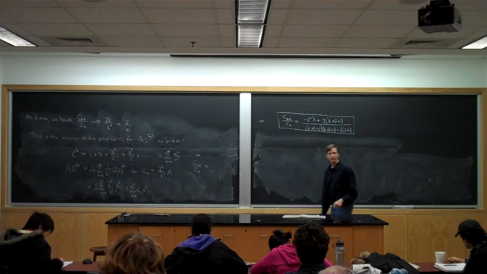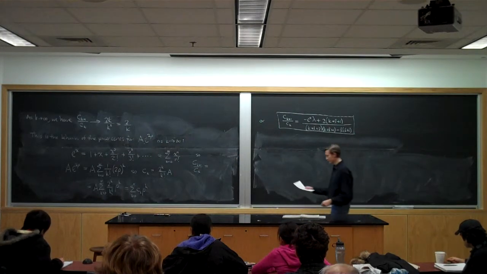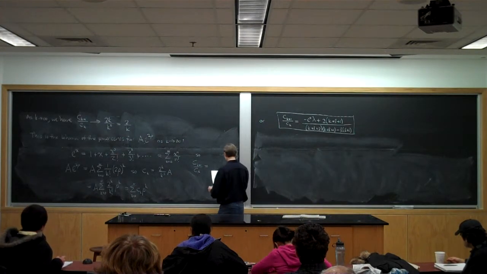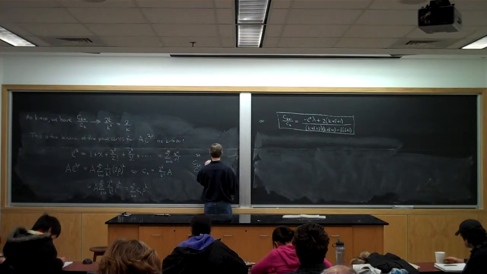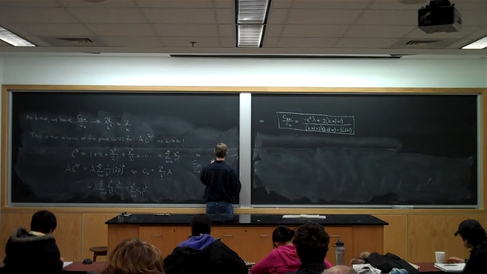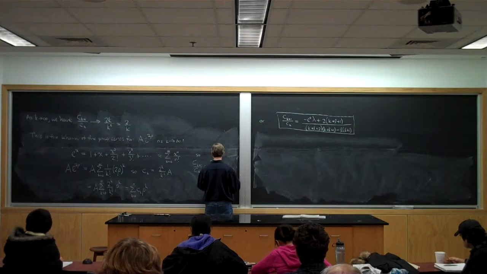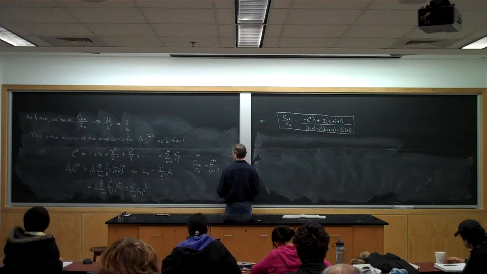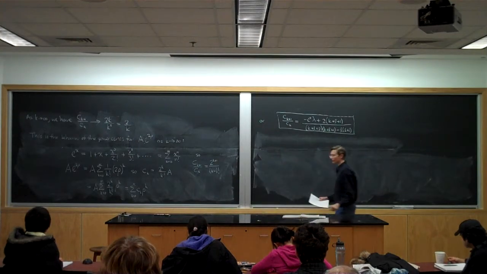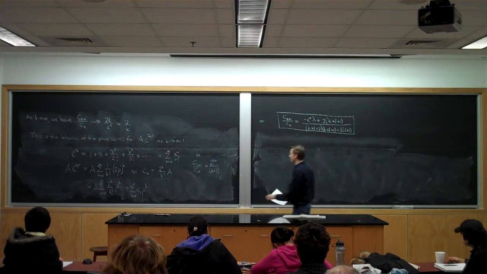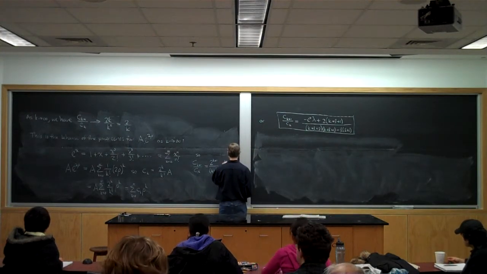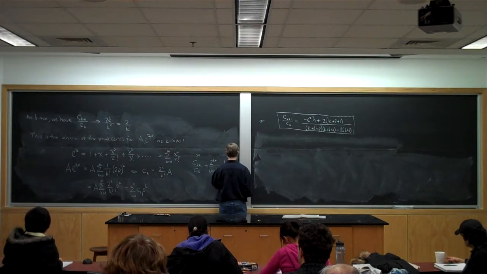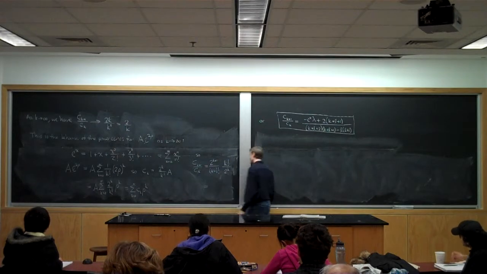So therefore, c sub k plus 1 over c sub k is equal to 2 to the k plus 1 over k plus 1 factorial, and then divided by 2 to the k over k factorial, or in other words, times k factorial over 2 to the k.